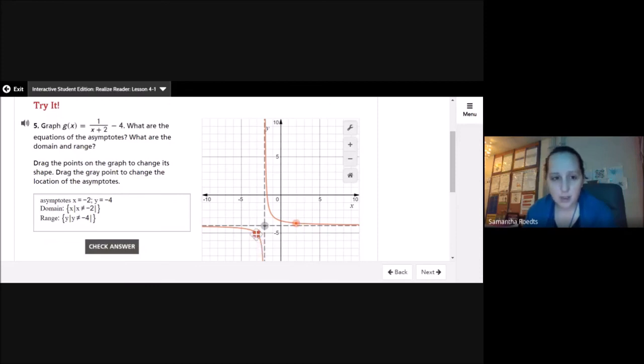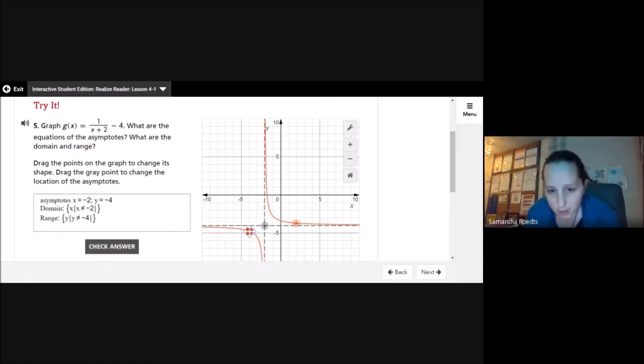Same thing here. If I do negative 2, that would give me 0. So if I do negative 4, that's going to give me 1 over negative 4, so negative 1/4 minus 4 gives me negative 4.25.